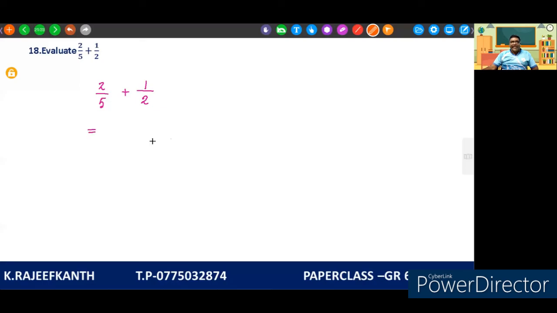We can multiply this numerator and denominator by 2, and here multiply the numerator and denominator by 5. Then if we multiply by 2, we get 4 over 10. Here 5 over 10. Here the denominators are equal, so we add these two numerators. Then 9 over 10 is the answer.